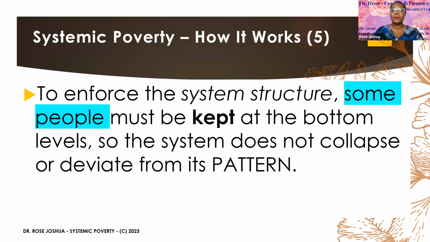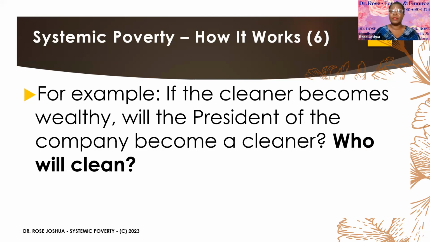So how does systemic poverty really work? In order to keep systemic poverty in force, some people have to be at the bottom. Somebody has to be there. And some people have to be in the middle because we need the structure to stand. We need a structure to not collapse.